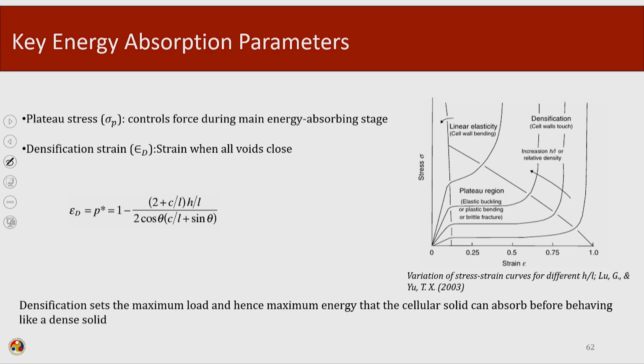The plateau stress controls the force during mean energy absorption, and the densification strain is the strain at which all the voids close. The densification sets the maximum load and hence the maximum energy that the cellular solid can absorb before behaving like a dense solid. So, densification is an important phenomenon in honeycomb type systems.